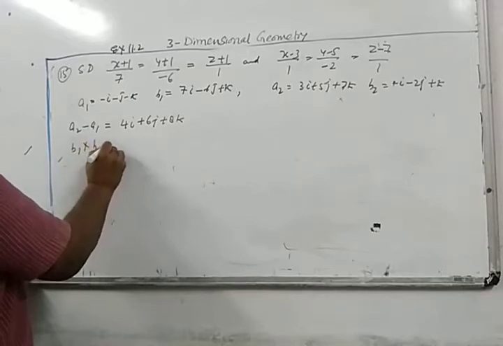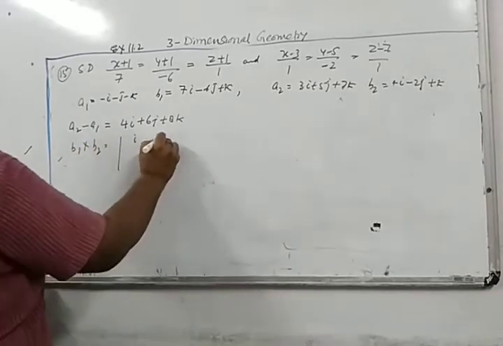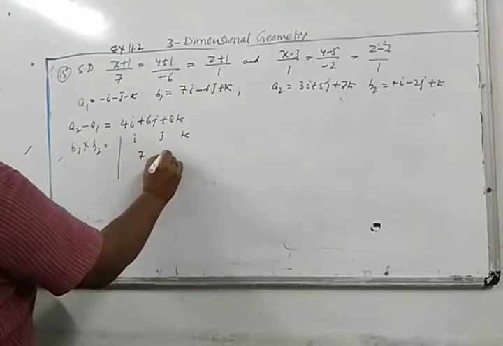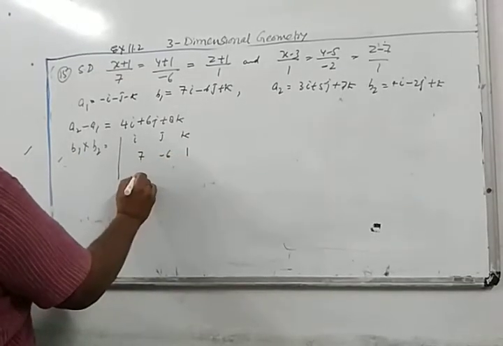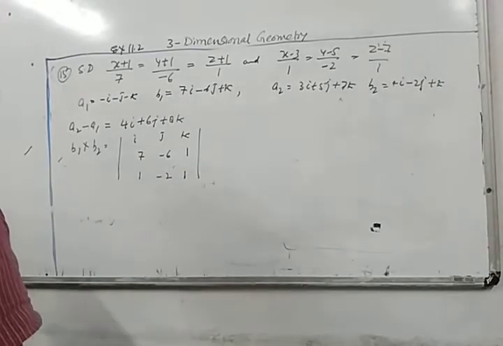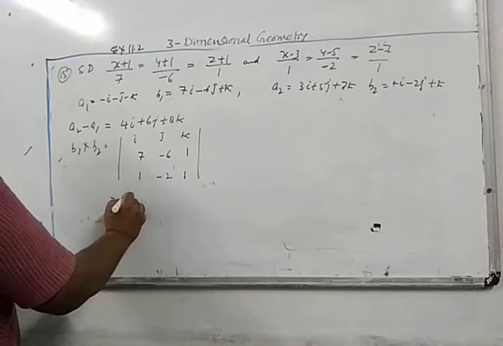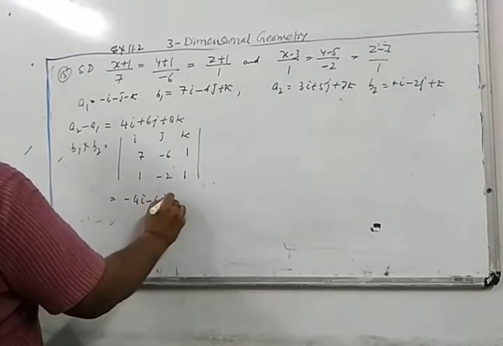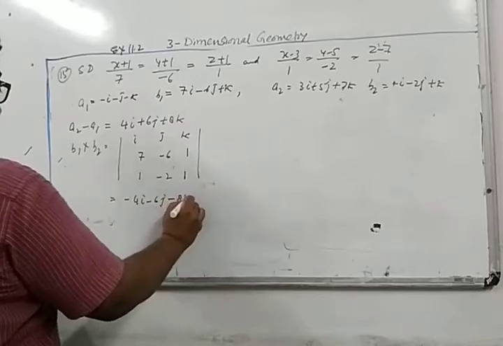B1 cross B2 means the determinant of i, j, k, 7, minus 6, 1, and 1, minus 2, 1. This is the value of B1 cross B2. You will calculate it and find the value is minus 4i minus 6j minus 8k.